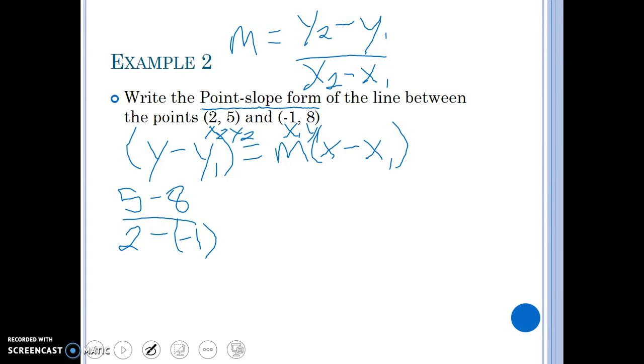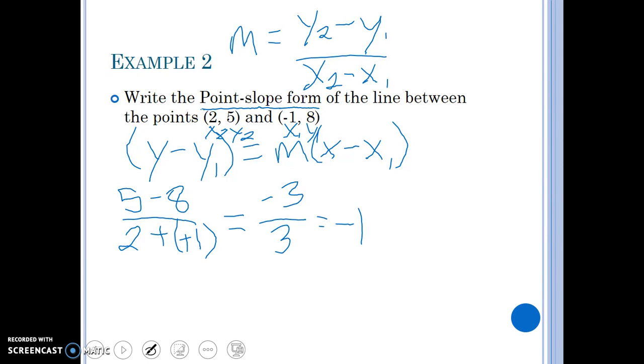Notice my x1 is negative, so I put parentheses. So 5 minus 8 is negative 3. And then 2 minus negative 1, remember, when we subtract a negative, it becomes positive. So we get 2 plus 1, which is also 3. So my slope is negative 3 over 3. We'll reduce that to negative 1.